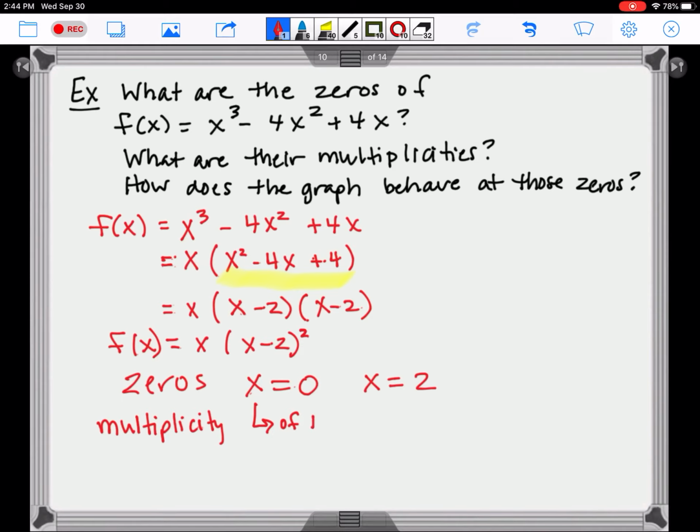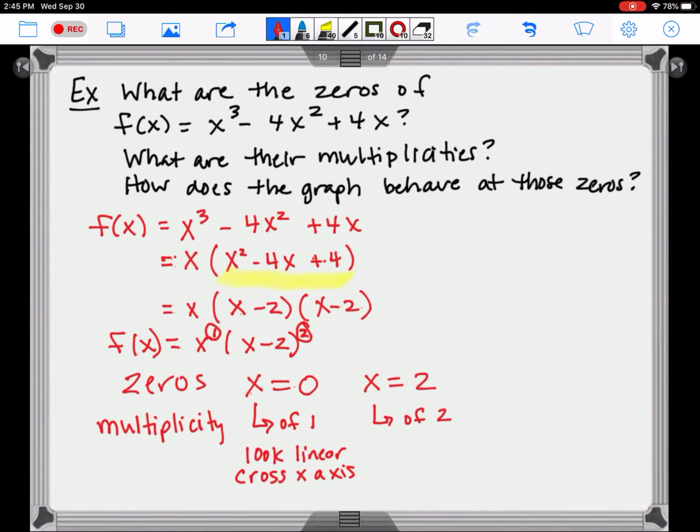What that tells me, it's going to look linear at x equals 0, and it's going to cross the x-axis because it has an odd multiplicity. Now at x equals 2, its degree here is 2. So notice this degree was 1, this degree is 2. So it has a multiplicity of 2.